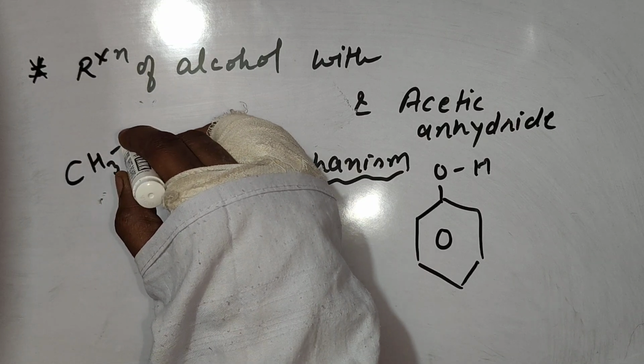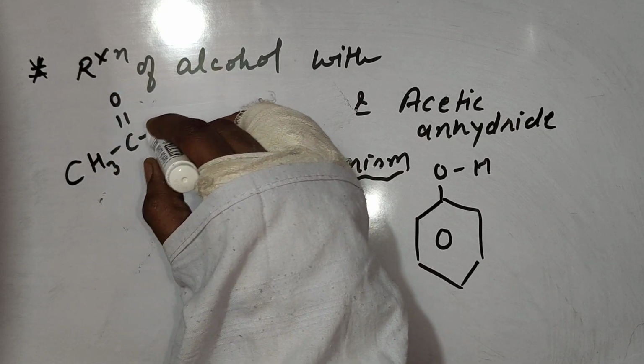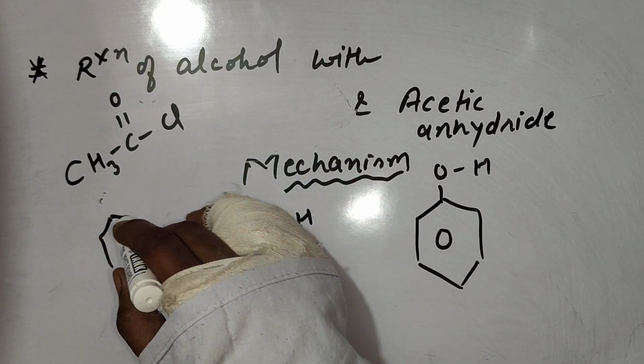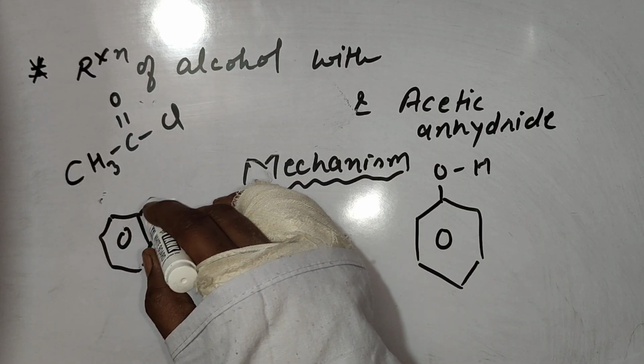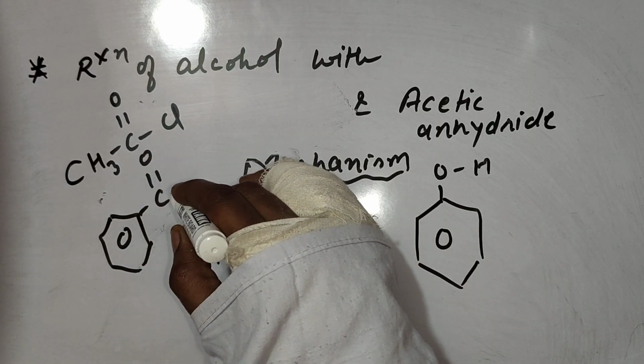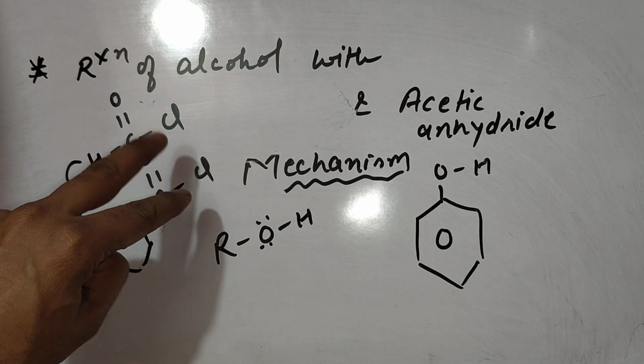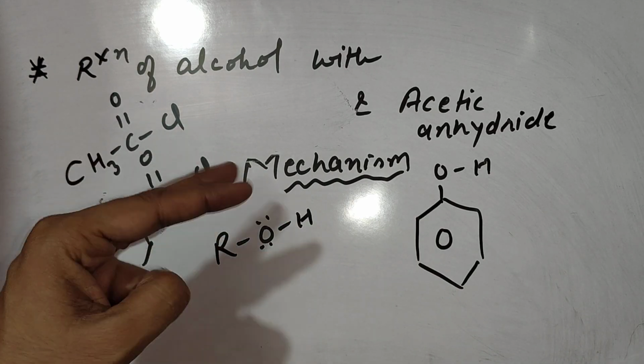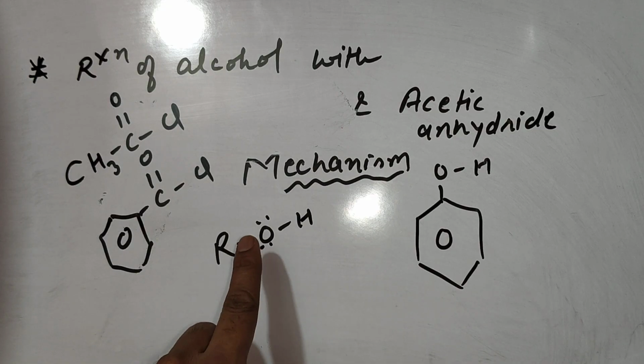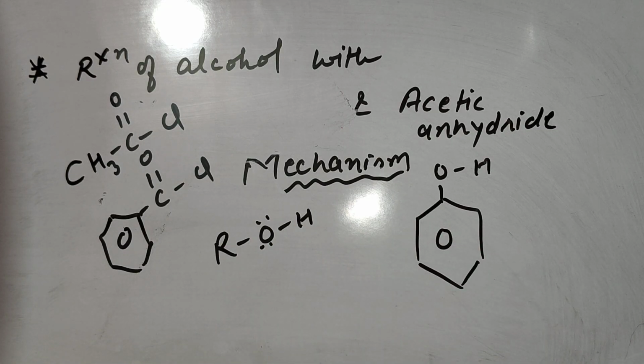CH3COCl. And what is benzoyl chloride? At the place of CH3, a benzene ring is there. So their reactions will be similar to alcohol. Their mechanism will be the same with alcohol as well as with phenol. So please check those videos.